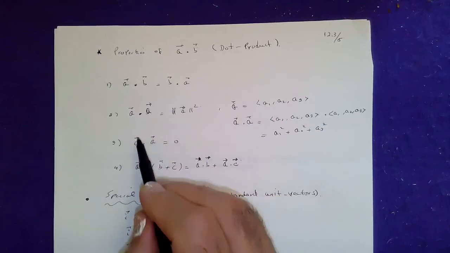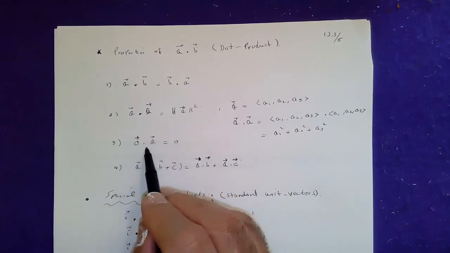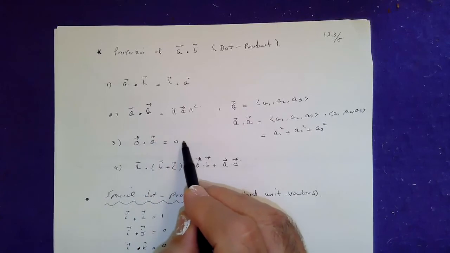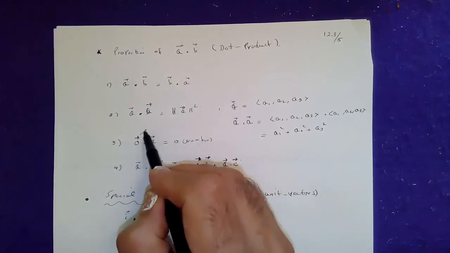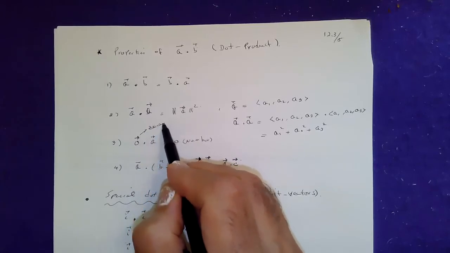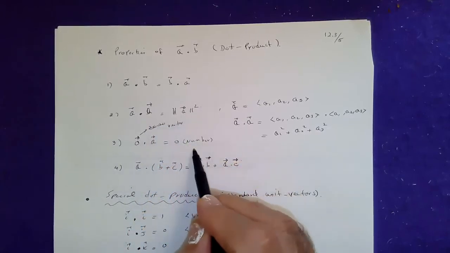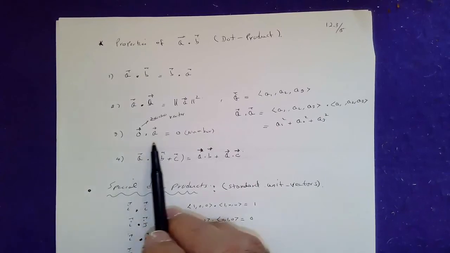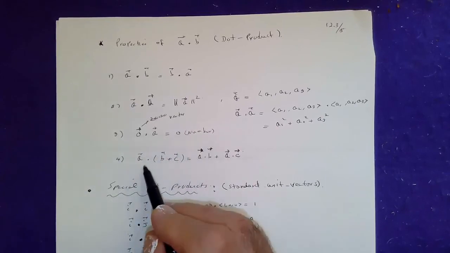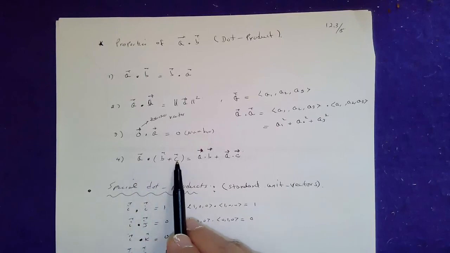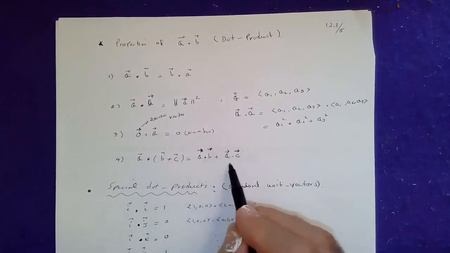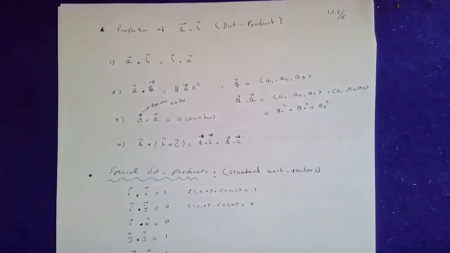If you take a zero vector and dot it with a vector, you get zero the number, not a vector. Be careful. This guy is zero vector. Is that right? And this guy, the answer comes up as a number because the dot product is a scalar. This is distributive law, so A dotted with B plus C is A dotted B plus A dotted C.